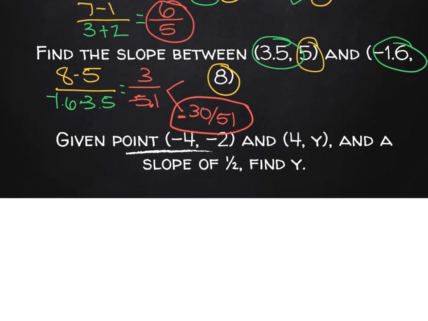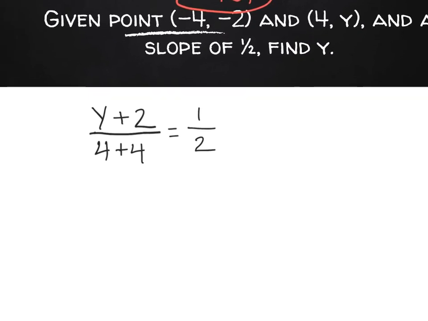All right, on this last one, I'm given a point, (-4, -2), and (4, y), and I have a slope of 1/2. I'm trying to find y. I'm going to start with my equation. So I have y minus -2 becomes plus 2, over 4 minus -4 becomes plus 4. I'm going to set it equal to my slope. Now I'm going to clean it up in my next line.